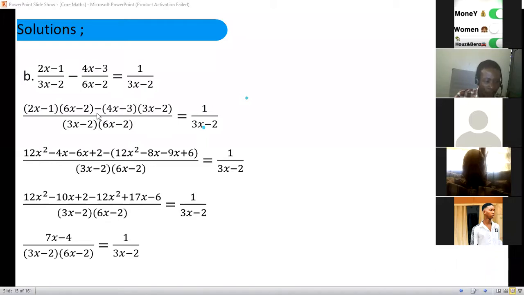That is the reason why, leaving the minus sign outside the bracket, I have to put it into a bracket before I expand because of the minus sign here. I hope you are okay.